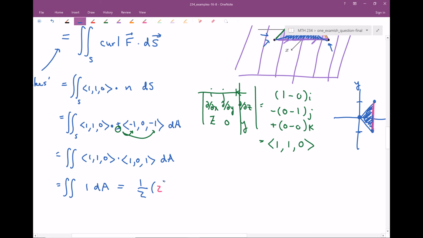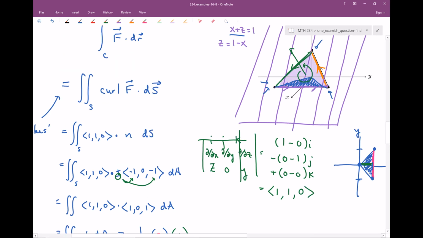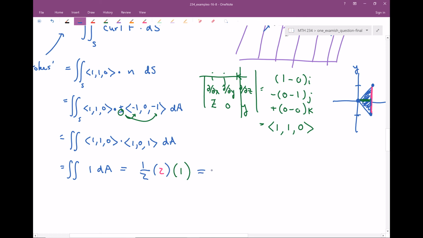And my height of my triangle, well, maybe this is my height right here, my height is 1. So altogether, once you evaluate this out, you would get 1. So this is a little bit of a shortcut, remembering that the double integral of 1 is just area.